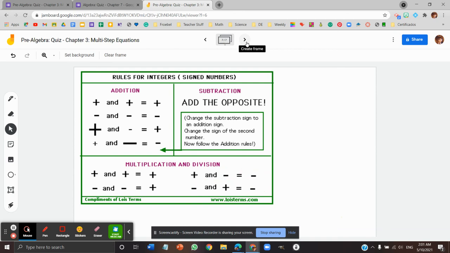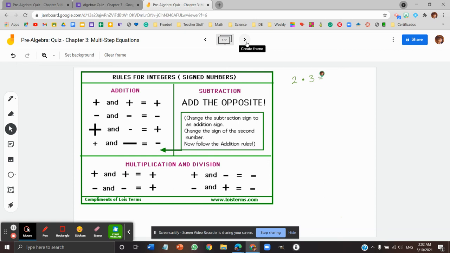For example, 2 times, and this is a multiplication, sorry. I like to do my multiplications with a dot because I don't like to think that the x means a variable, so I normally use a dot. 2 times, I don't know, 3, for example.